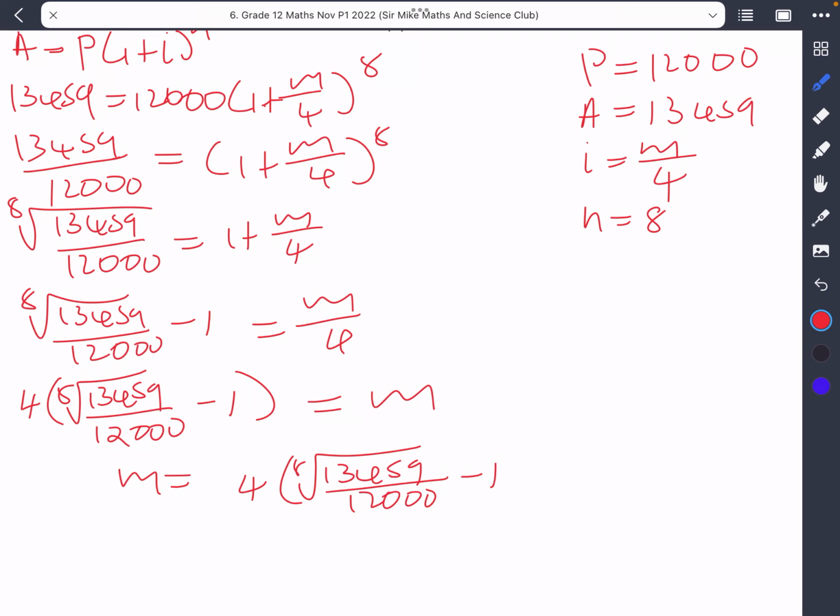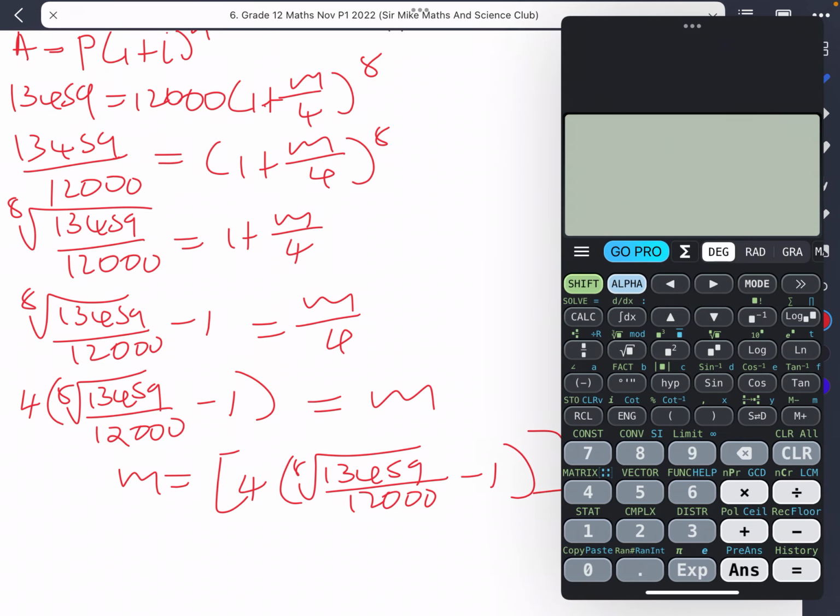Whatever value we get when we put this in our calculator, we would multiply by 100. So M would be equal to 4 multiplied by the 8th root.